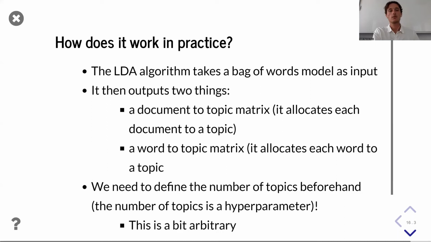And it also outputs a word to topic matrix. So it also allocates each word to a topic. And one thing that is important is that we need to remember that it is us that define the number of topics beforehand. So you can say that the number of topics is a hyperparameter.